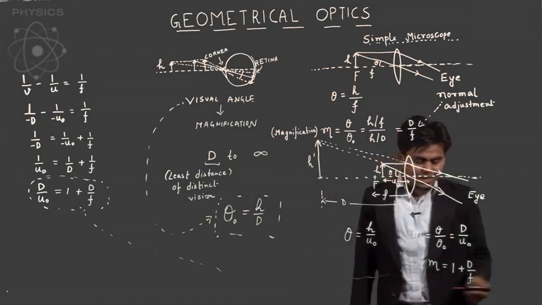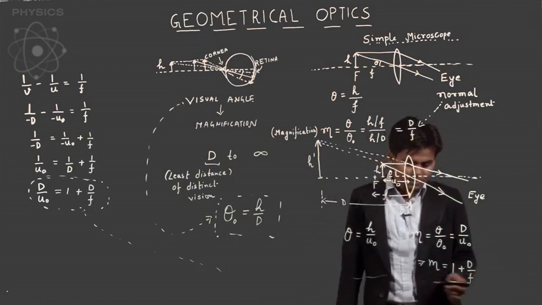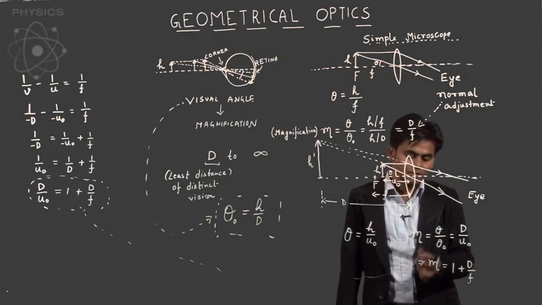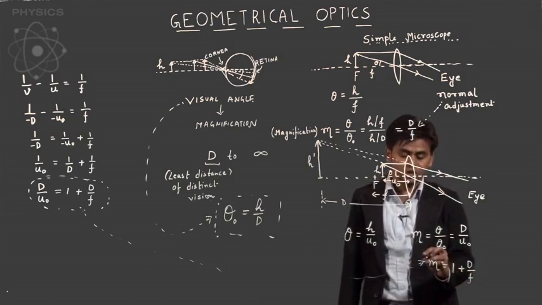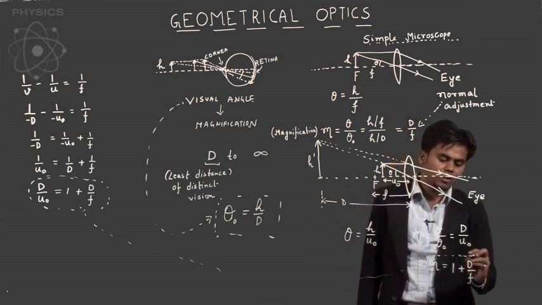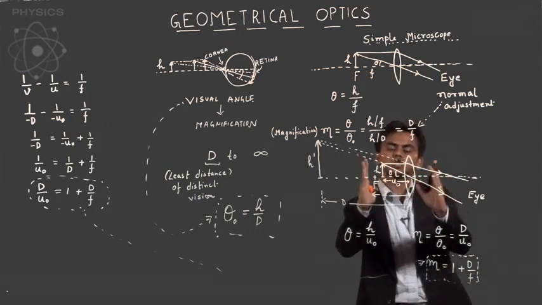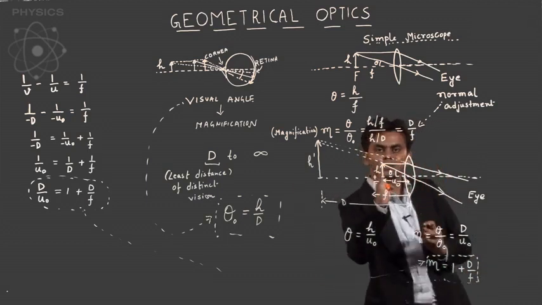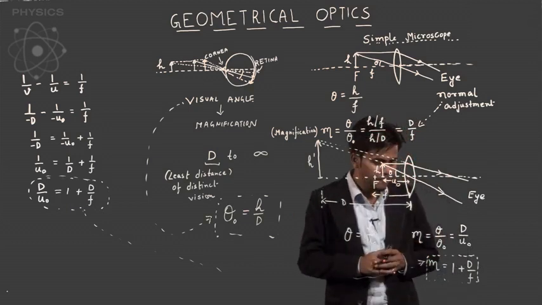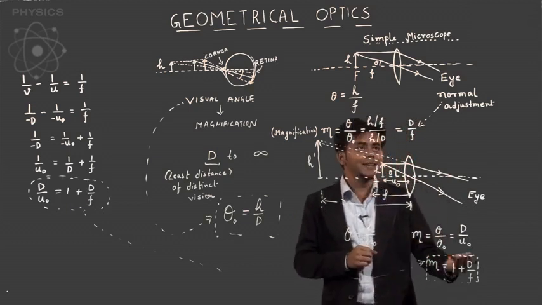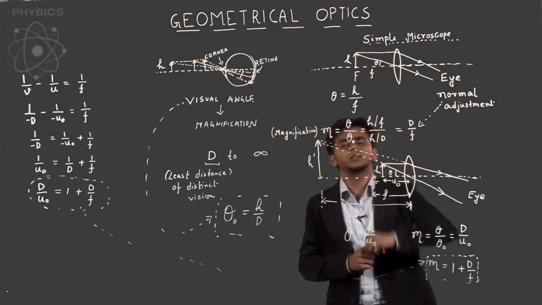Now this thing over here essentially is the formula for magnification, and this is for the situation when I have brought the image closer to the lens, before the focus or focal point, and this is a greater magnification than the normal adjustment case.